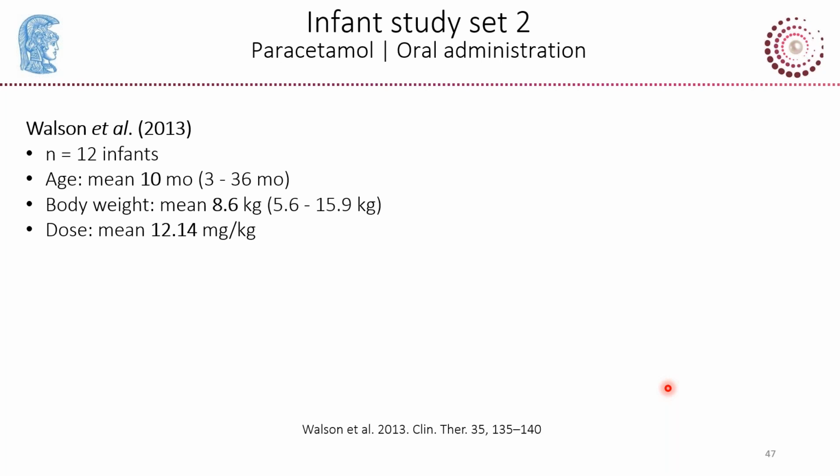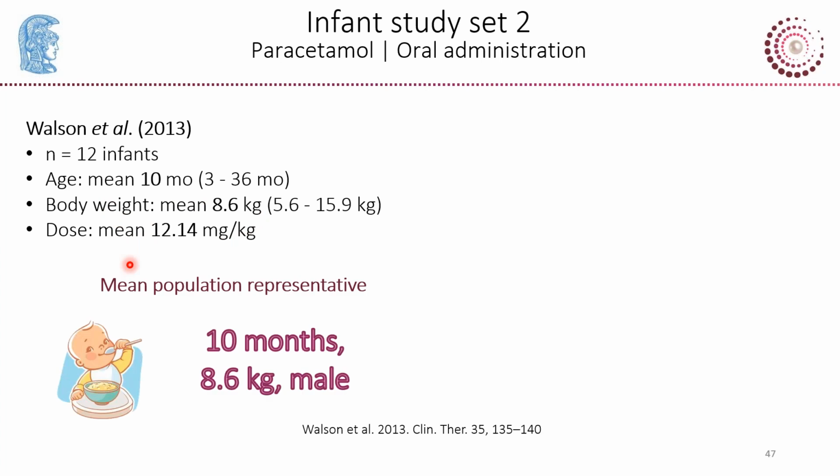Coming now to our second study data set, which is the Walson et al. study. Here, the data set was from 12 infants with a mean age of 10 months, with a mean body weight of 8.6 kilograms, and the mean dose administered here was 12 milligram per kg.